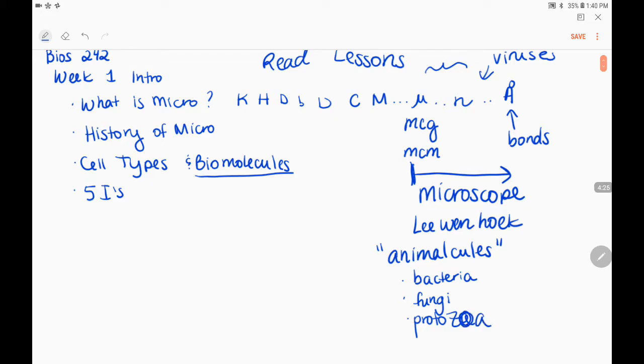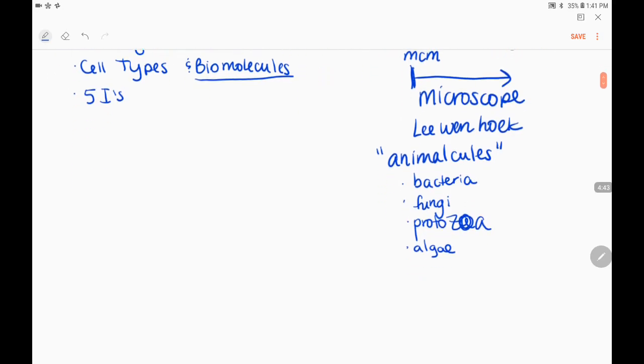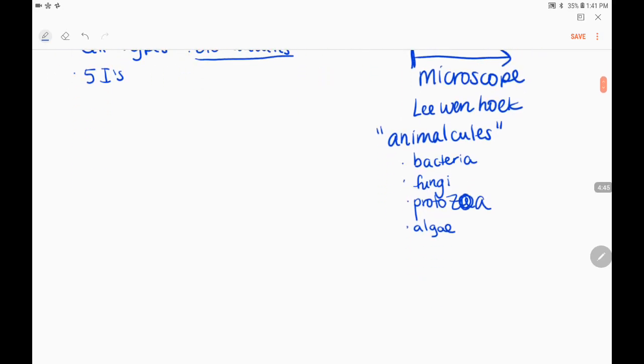Some of them can cause diseases, but a large number of them don't. What else did he see? He saw algae. Algae are plants. He also saw maybe some archaea.